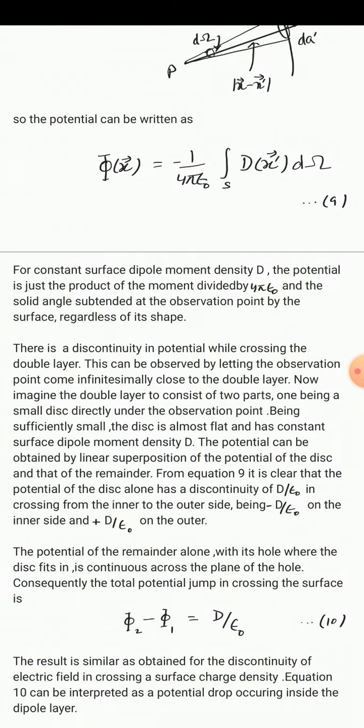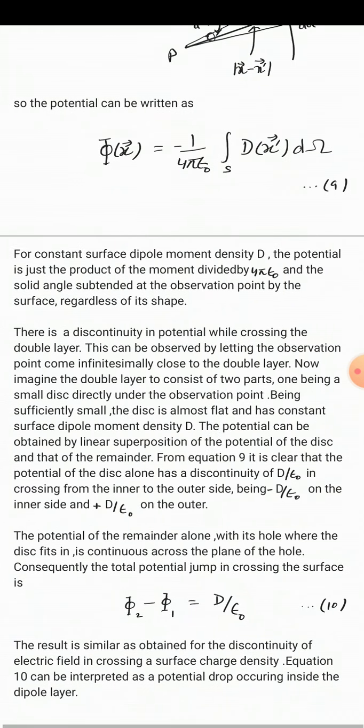Consequently, the total potential jump in crossing the surface becomes phi 2 minus phi 1 equal to capital D by epsilon naught. This result is similar to what we obtained for the discontinuity of electric field in crossing a surface charge density. So equation 10 can be interpreted as a potential drop occurring inside the dipole layer.